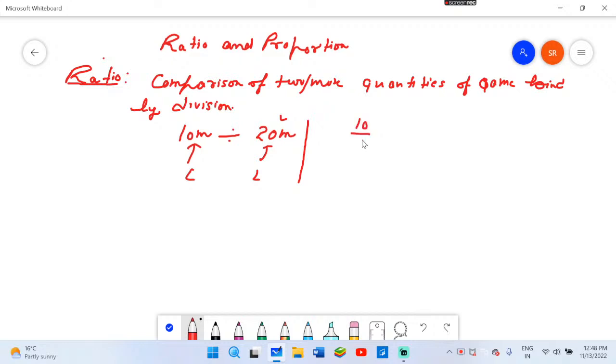Comparison means we divide. So it is 1 by 2. And we use this symbol for writing ratio. So this we shall write as 1 is to 2.